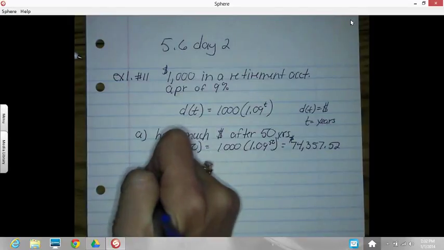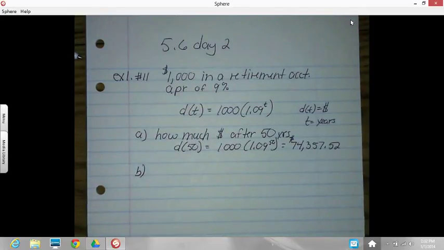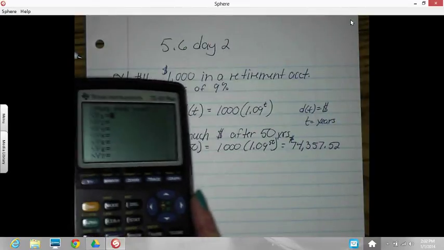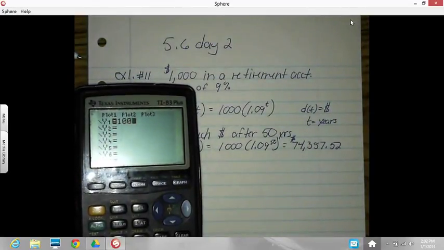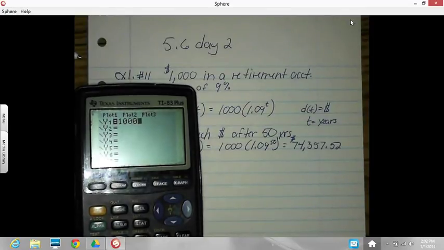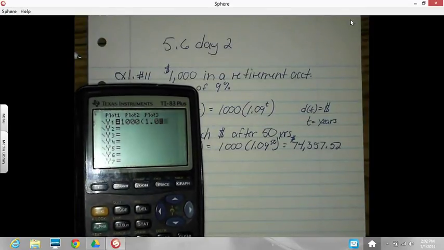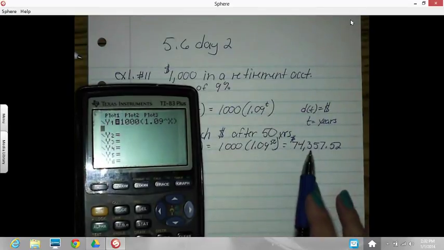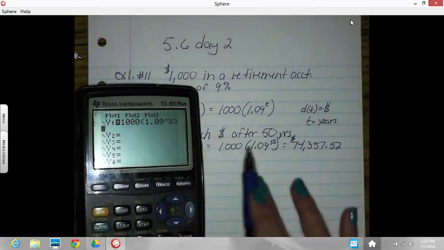Okay, part B says, at what average rate does your money increase? So the average rate is, well, let's look at the graph before I jump right into it. 1,000 times 1.09 raised to the x, and I'm starting with $1,000 at time 0, and I'm ending there, so my window's going to have to be quite big for the y values.